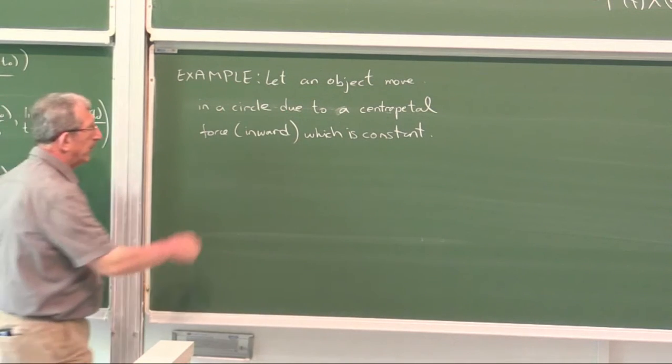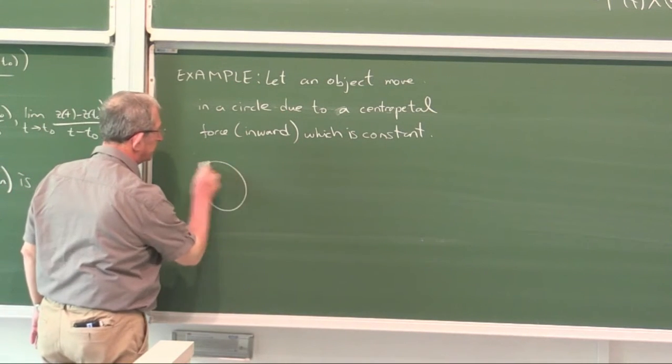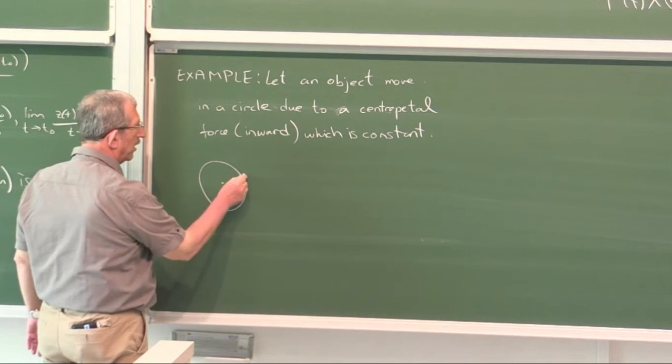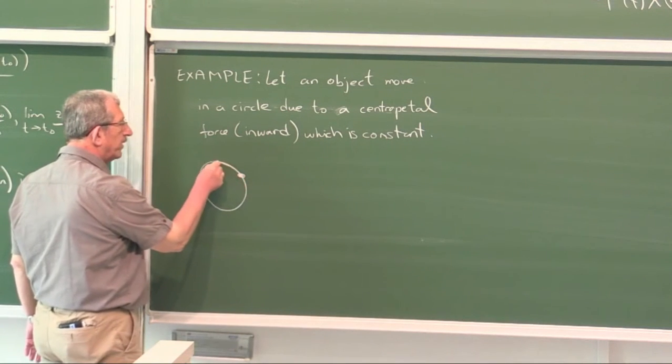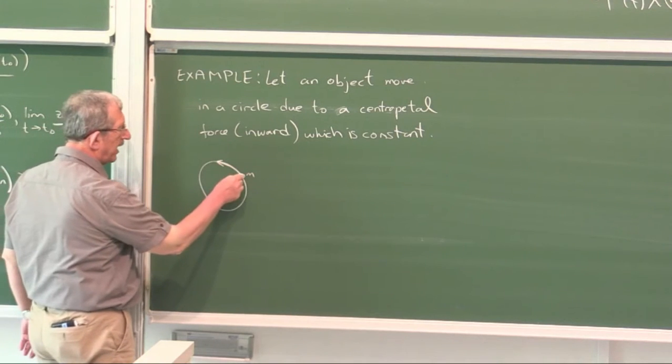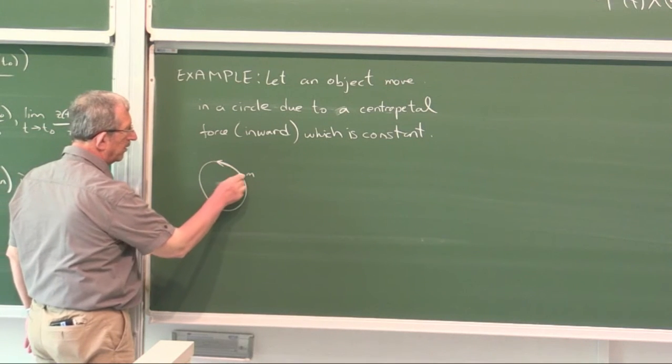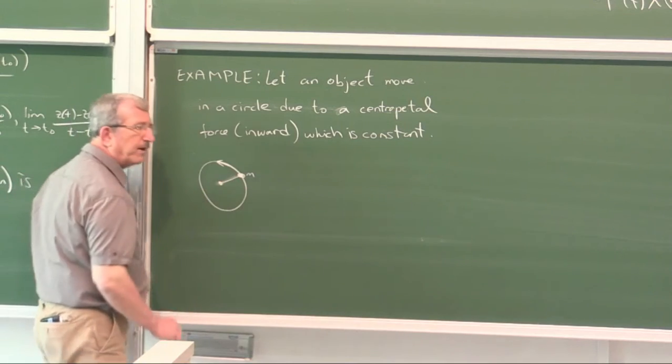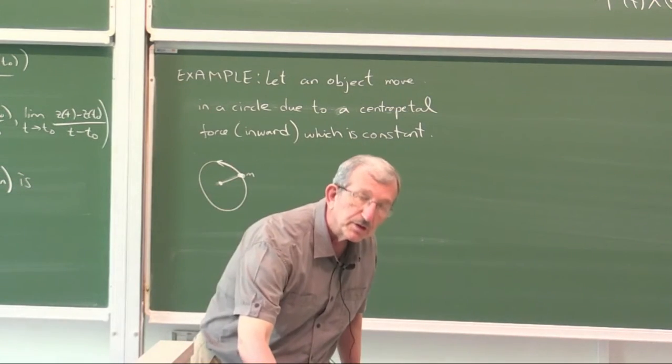So the situation is something like this. We have a circle. We have a point. It's moving this way, say some m, and there's a force which pulls it.